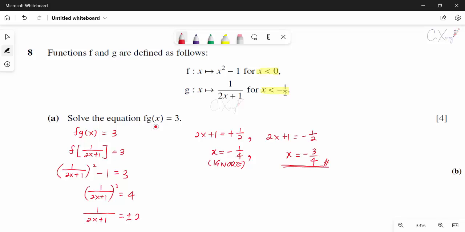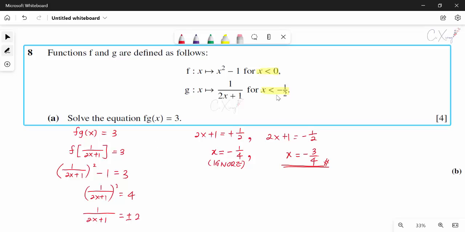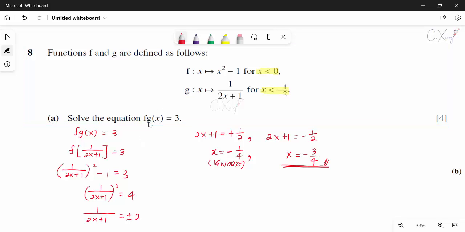Okay, so why do we need to actually ignore the negative 1 over 4, but we only accept the negative 3 over 4? Okay, so here it is related to the domain given actually, and also the composite function that we have. Okay, so again, we try to have a look at the relationship between all the domain and range for the composite function.